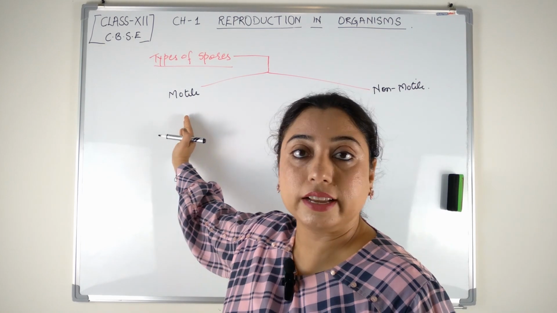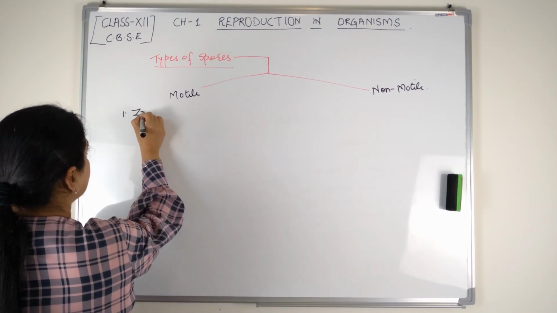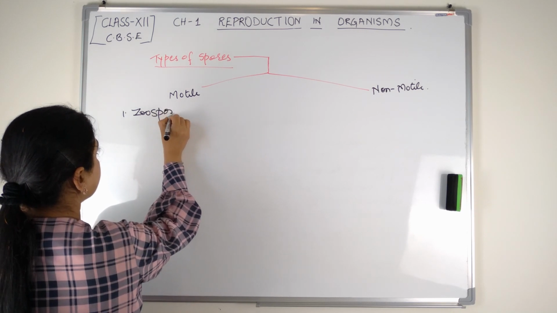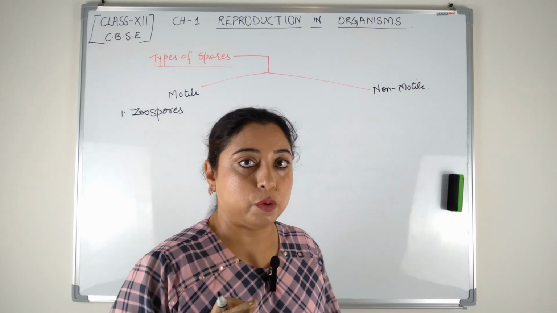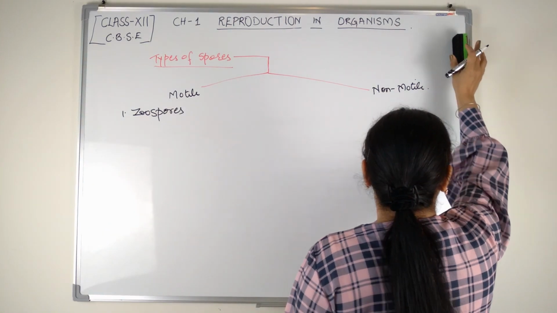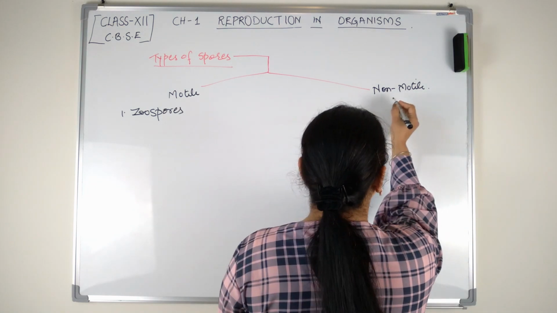Under the motile category, we have only one type, that is zoospores. Zoospores are motile spores. Under the non-motile category, we have four different types.